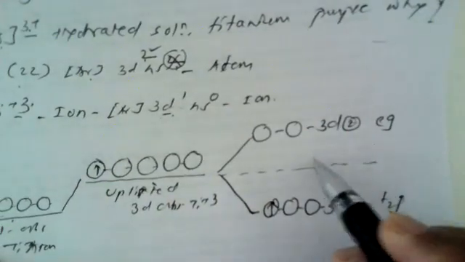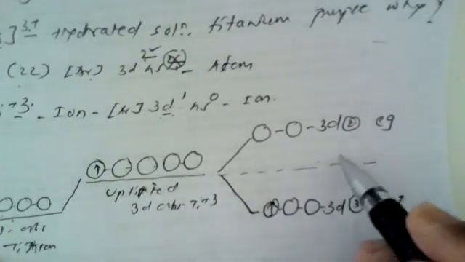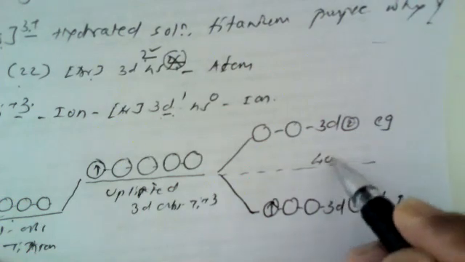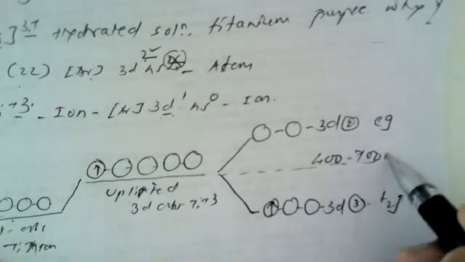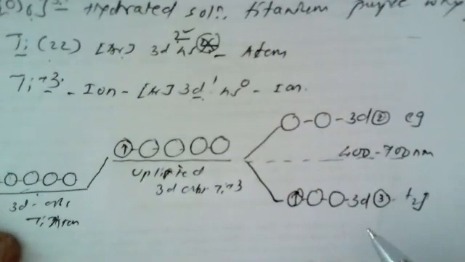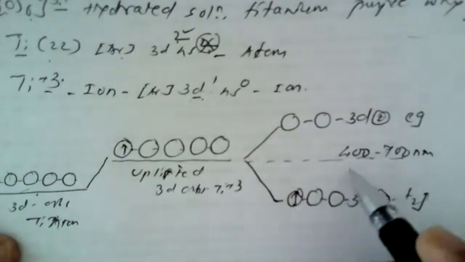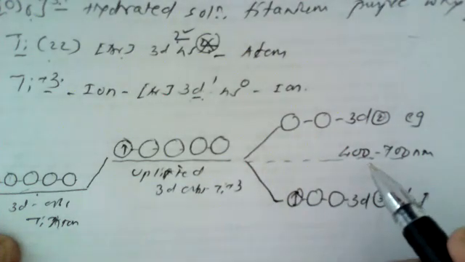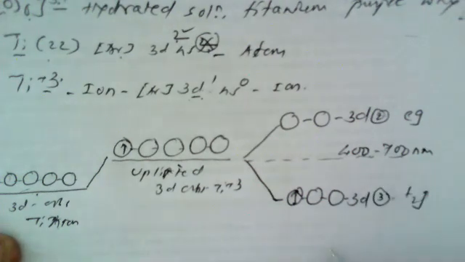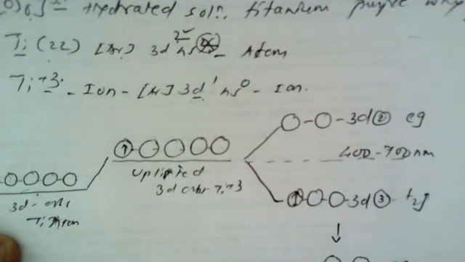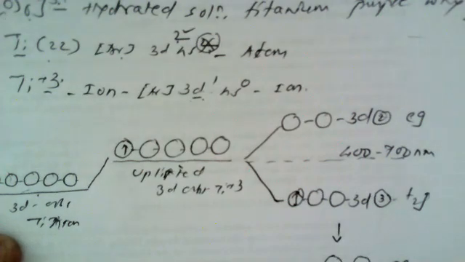This electron absorbs energy from visible light radiation, which ranges from 400 to 700 nanometers. So this electron absorbs certain energy from this light radiation, and the resultant picture I would like to show you here. These are the eg group of orbitals and these are the t2g group of orbitals.